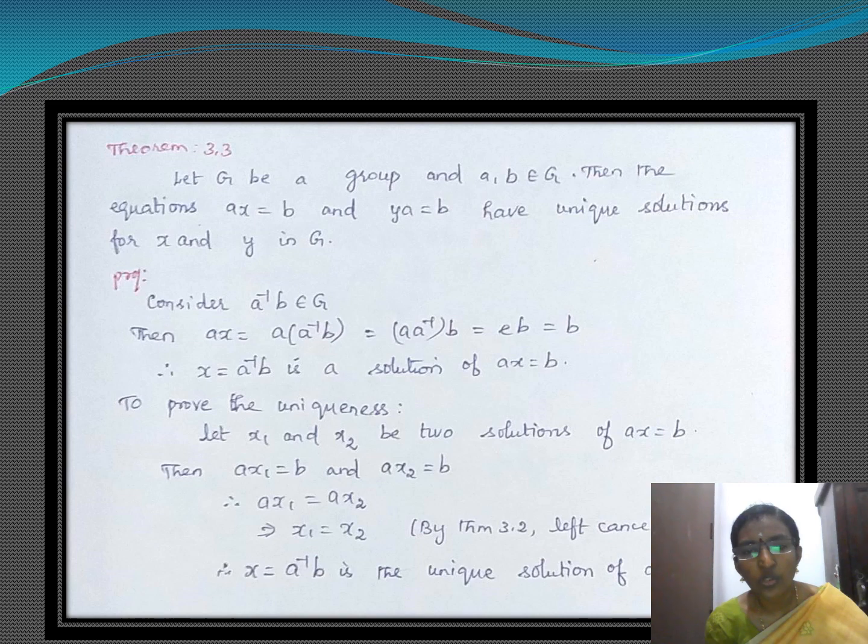Therefore, x equal to A inverse B is a solution for Ax equal to B.